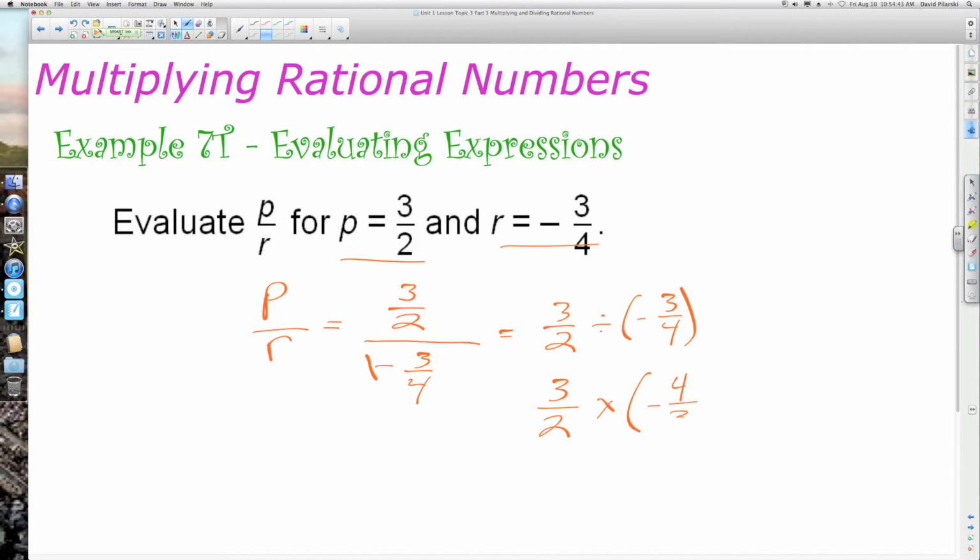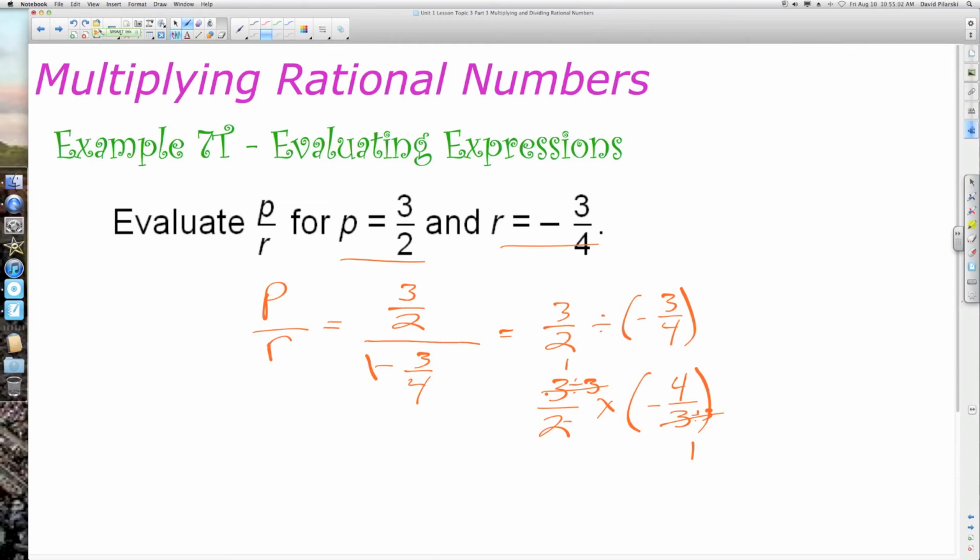We have to multiply by that number's reciprocal, or its multiplicative inverse. And now we try to cross cancel, which we can. 3 and 3 can cross cancel by a factor of 3. So dividing both of those by 3, 3 divided by 3 is 1, and 3 divided by 3 is 1.